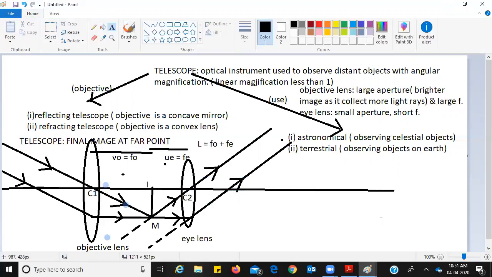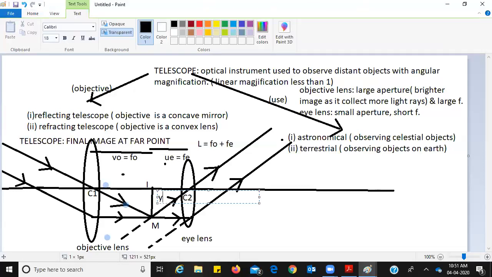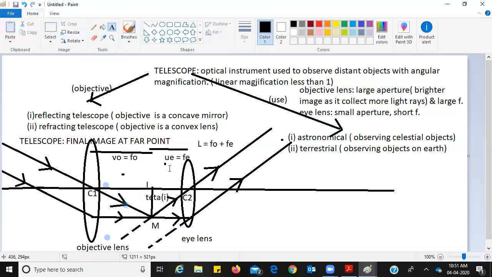So the angle at IC2M is the image angle, theta I. And C1 is theta O.